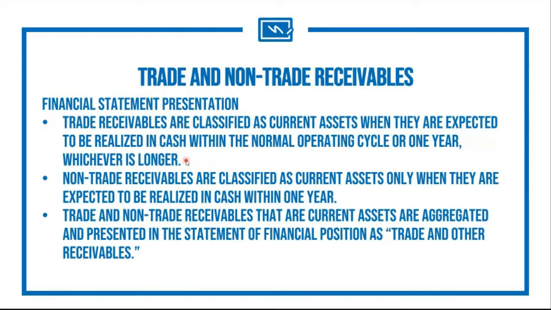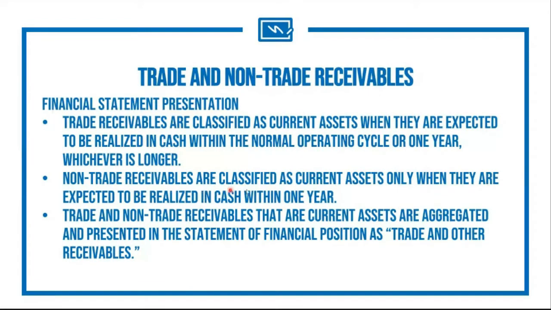Okay? So, another case there is, let's say for example, nagbenta sila ng bahay tapos yung normal terms ng pagbabayad ng bahay is kailangan bayaran within 3 years, kunyari. So, yun yung normal term. So, ibig sabihin, yung normal operating cycle ng real estate business na yun is to collect the receivables within the normal term of 3 years. So that is the operating cycle. If that is the operating cycle, kahit na 3 years yun, since it is longer, then the receivables are still considered to be current. Yan.